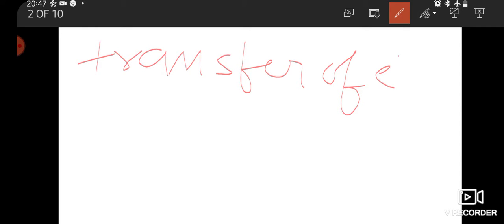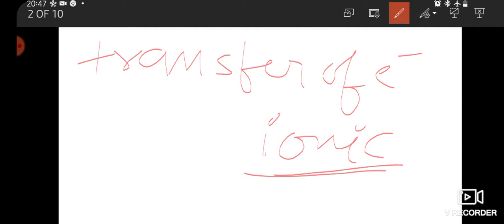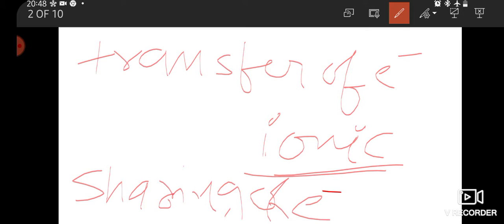When there is transfer of electrons, in this case an ionic bond is formed, while sharing of electrons is a covalent bond.